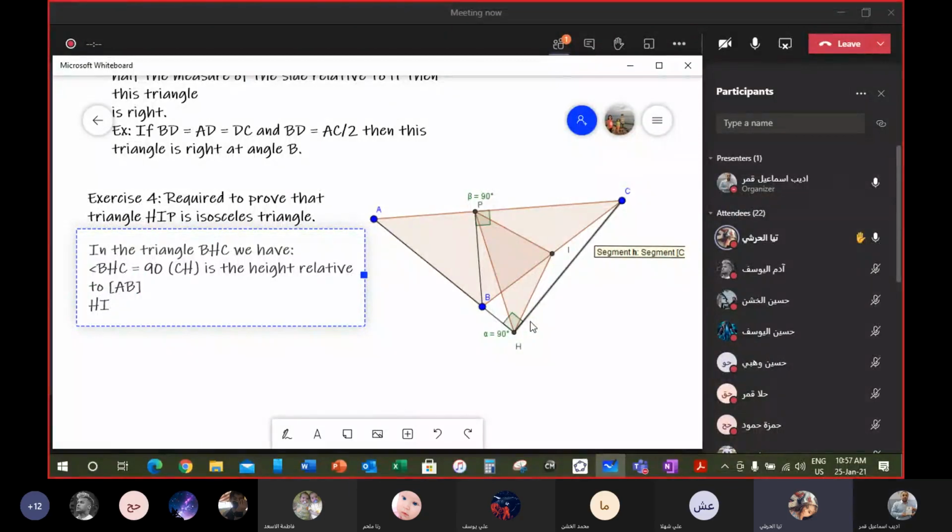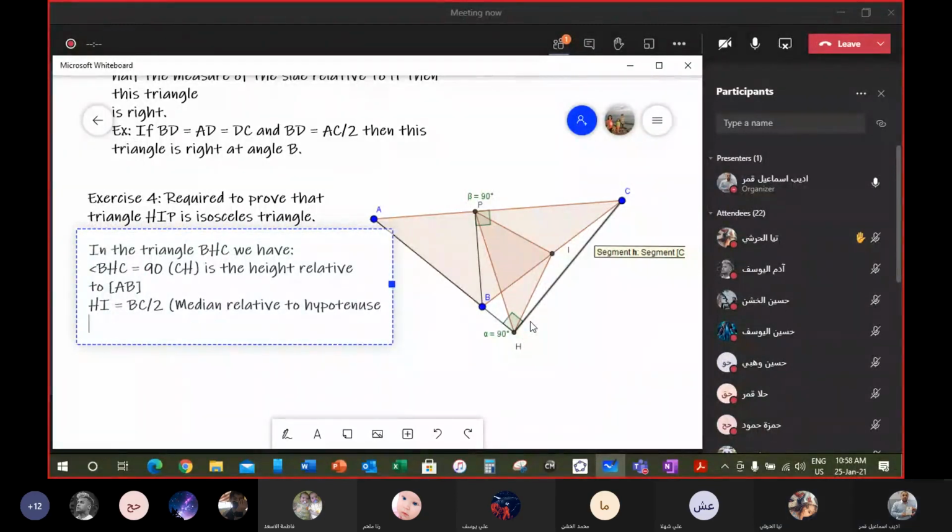HI equals BC over 2, because it is the median relative to the hypotenuse. What is the hypotenuse? HI is the median, BC is the hypotenuse.